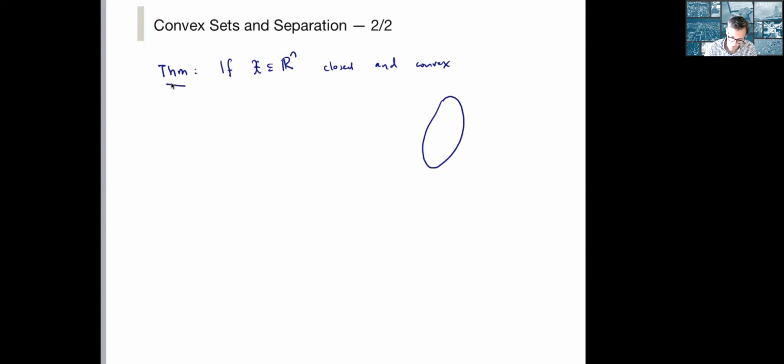So the theorem says that if X is a closed convex set and if y is a point that does not belong in X, so here's y, then there exists a hyperplane which leaves y on one side and the set on the other side.